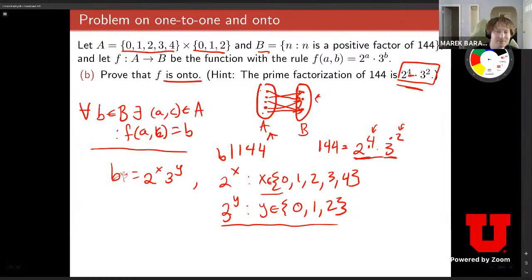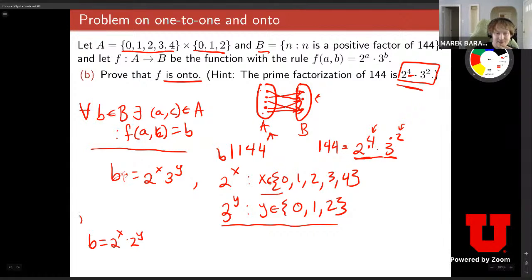So, okay. We know that B is equal to 2 to the x times 3 to the y, right?